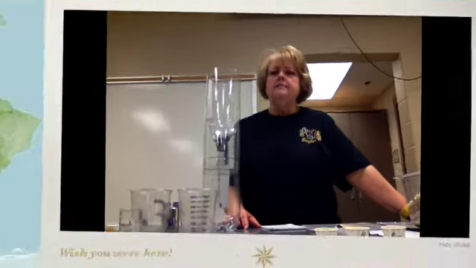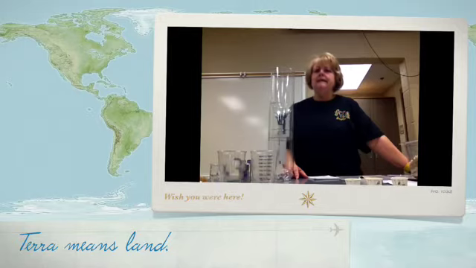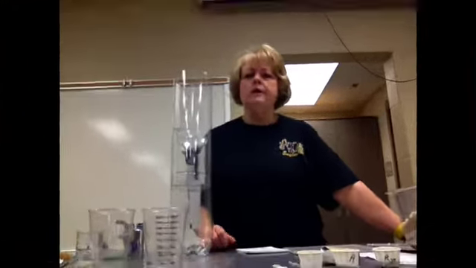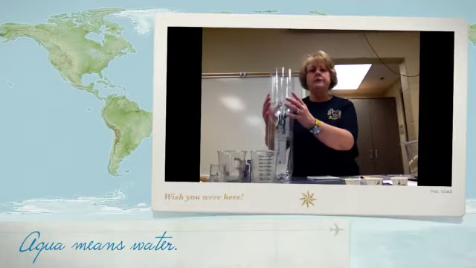The Latin part terra, T-E-R-R-A, means land. What do you think aqua means in Latin, if we take aqua out of aquarium? You're right. Aqua means water. So we have divided our two components that we have on Earth into our eco-column, land and water.